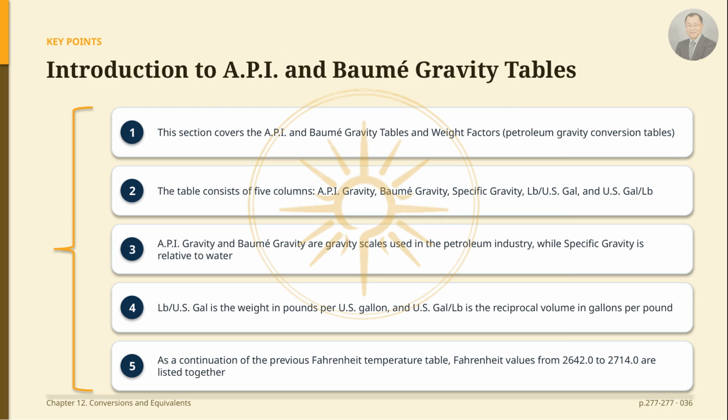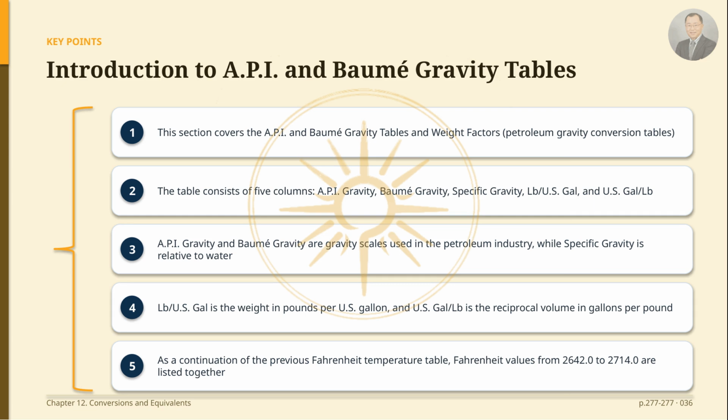In this slide, we will examine the structure of the API and Boehme gravity tables, which are petroleum gravity conversion tables. This table consists of 5 columns: API gravity, Boehme gravity, specific gravity relative to water, and weight conversion factors. For example, based on a specific API gravity value, you can immediately check the corresponding weight in lb/US gal or volume in US gal/lb.